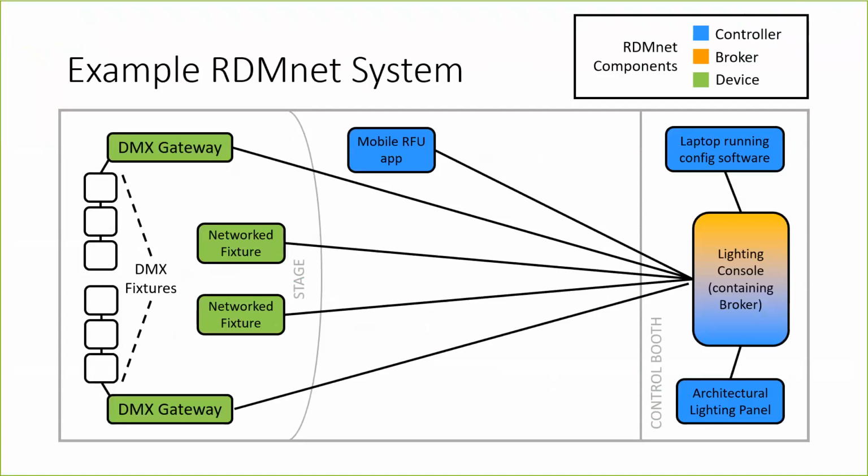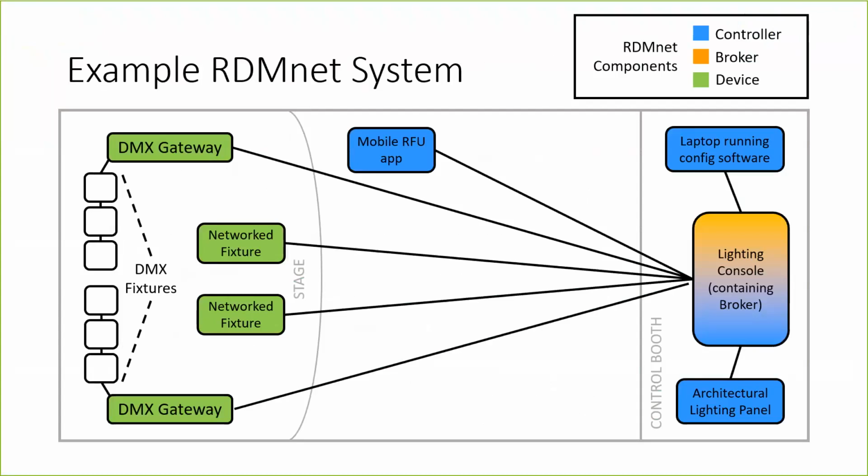And then, as you can see, we have a couple of DMX gateways there to talk to some actual DMX512 RDM fixtures. And we have a couple of networked fixtures that are taking E1.31 natively. But then you can see in blue my other controllers. I've got a mobile RFU app running on a tablet, a laptop running some configuration software, obviously the console, and then an architectural lighting panel.